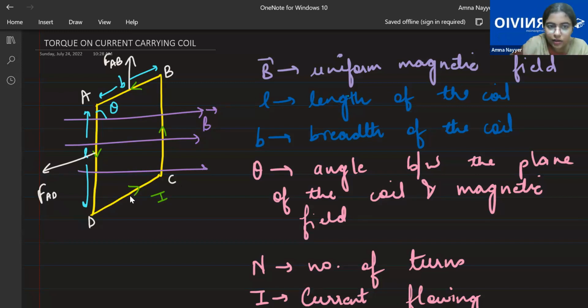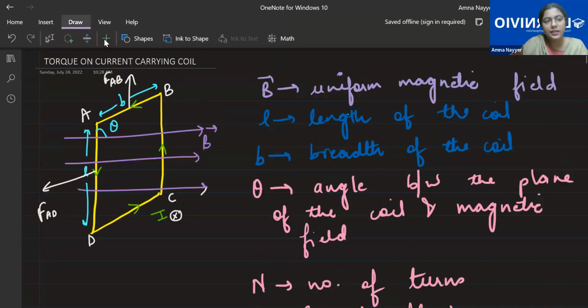Now can anyone tell me for CD, this part? Current is flowing inside the page. The magnetic field is towards the right. It was difficult to draw inside in two dimensions, so this is inside. Current inside, magnetic field towards the right. What is the direction?